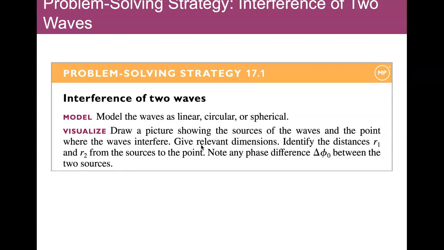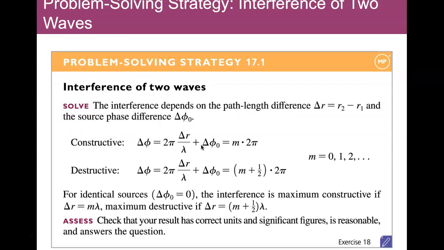Knowing that phase difference allows us to decide whether the interference is destructive or maximally constructive. If that phase difference is a multiple of 2 pi, then it's maximally constructive, and if it's a multiple of 2 pi plus a pi, then it's destructive. They're completely out of phase and add up to 0.